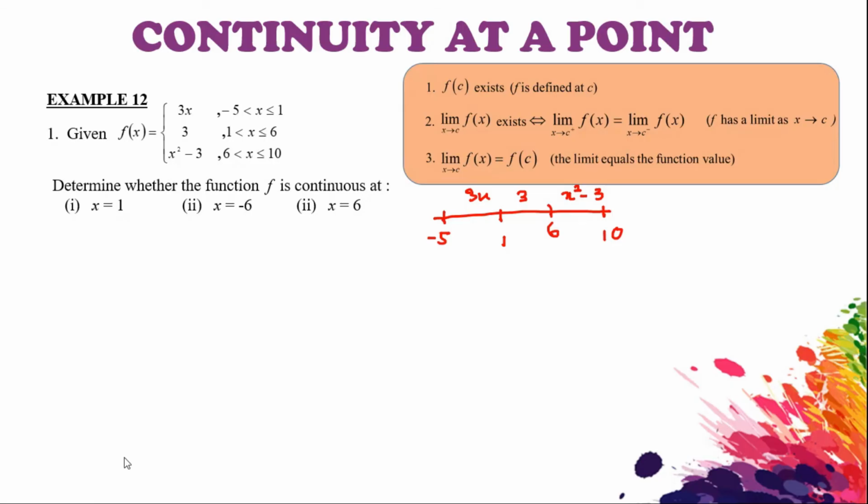For the last one, number 3, determine whether the function f is continuous at x equals 6. Now, we will do condition number 1. For condition number 1, f(6) equals which function do we have to use? As you can see here, 6 is equal here.